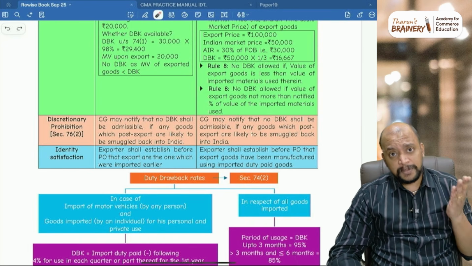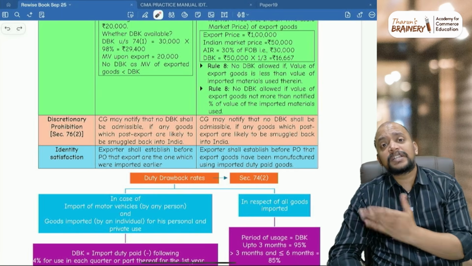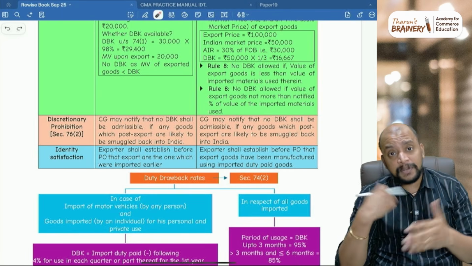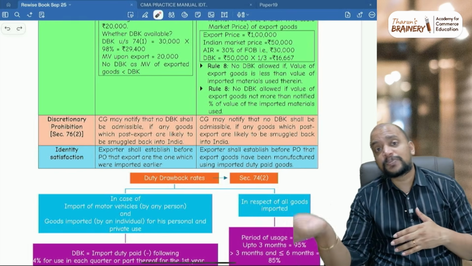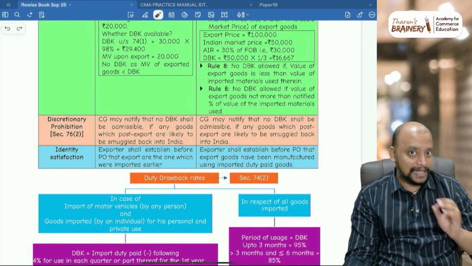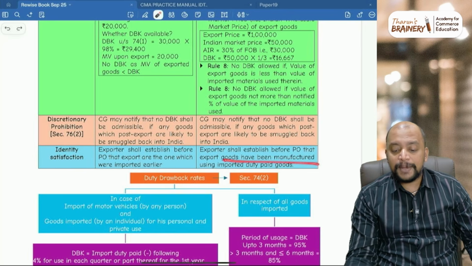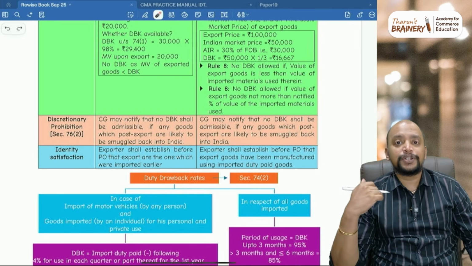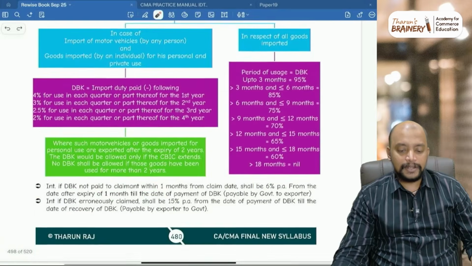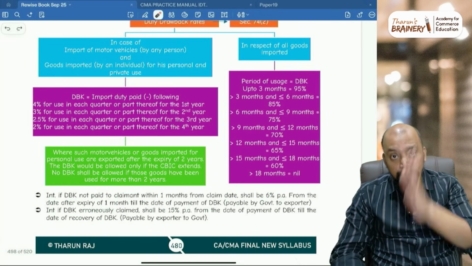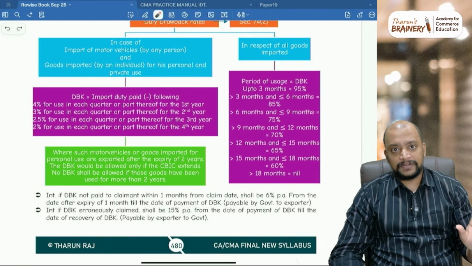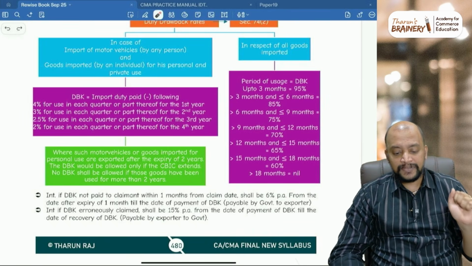Definitely the goods which are imported and the goods which are exported is different. No, in 75, because in 75 imported goods are used in manufacture of finished goods which are then exported. So exporter shall establish before proper officer that export goods have been manufactured using import duty paid goods. And next, only condition is that he should prove that these goods are manufactured using imported goods. That is enough. We don't have to prove anything else.